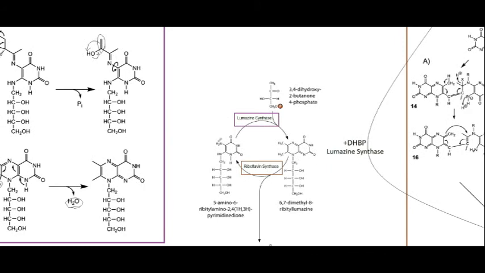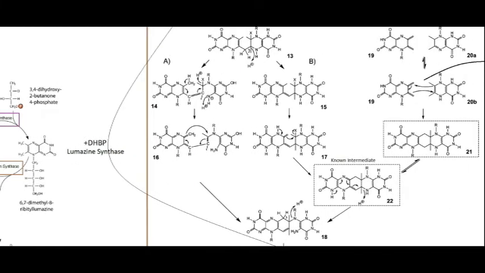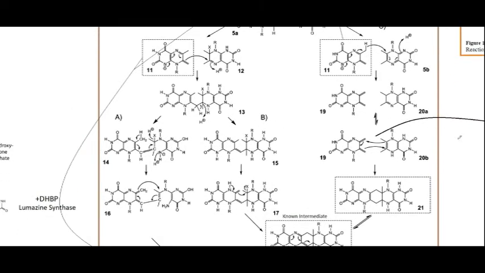And so we have a new one here that was generated from this lumazine synthase here. But then we also have, well, we actually start with two of these single ring structures because one of them is left over after the riboflavin synthase reaction, and we won't see that here.